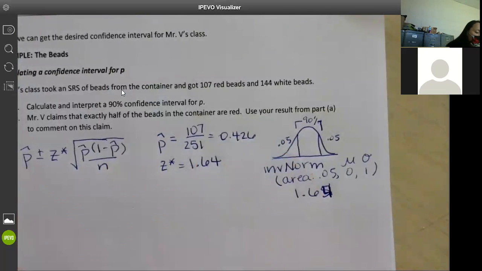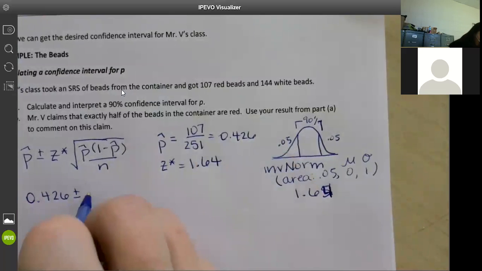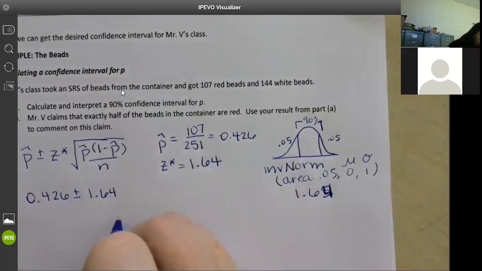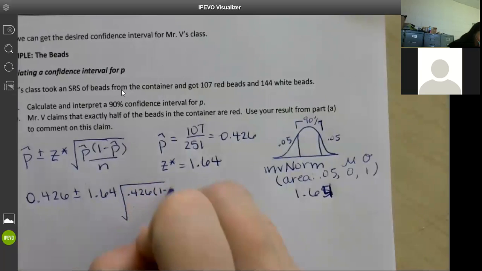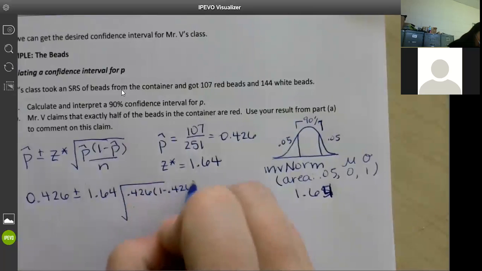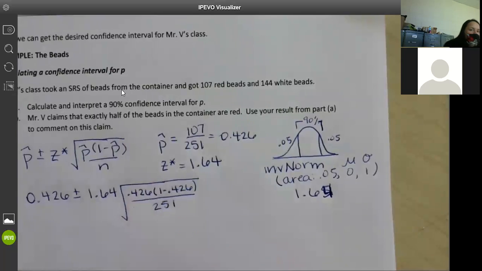And then we're going to plug it in. What was P hat? P hat plus or minus, our Z star was 1.64 times the square root of 0.426 times 1 minus 0.426 over our N, which was 251 beads.